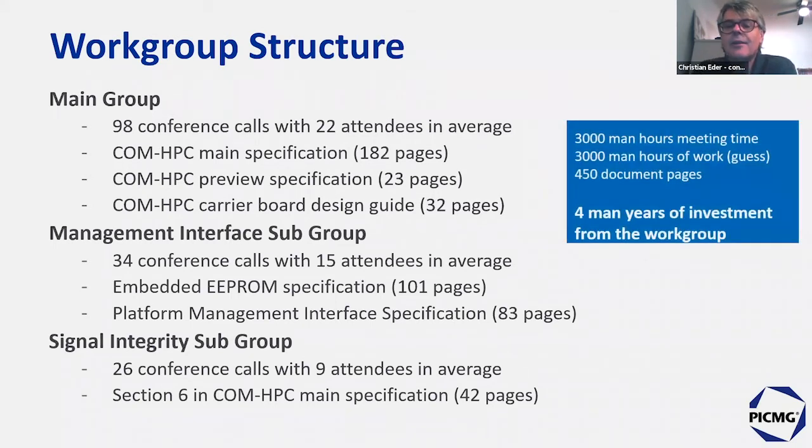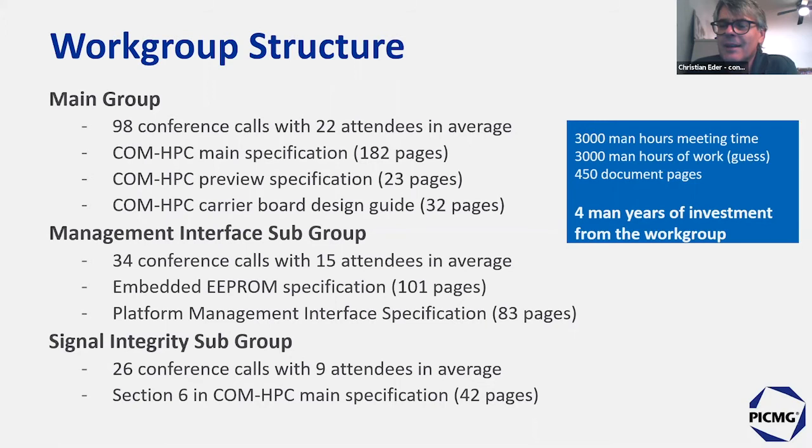If we calculate all together, it's about 3,000 man-hours just meetings, and just my guess, it's minimum the same amount of extra work which is coming out of this committee. We generated up to 450 pages of documentation, and the total investment of the group is more than 4 man-years.